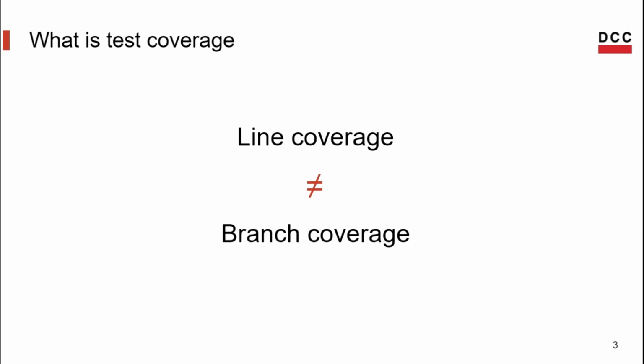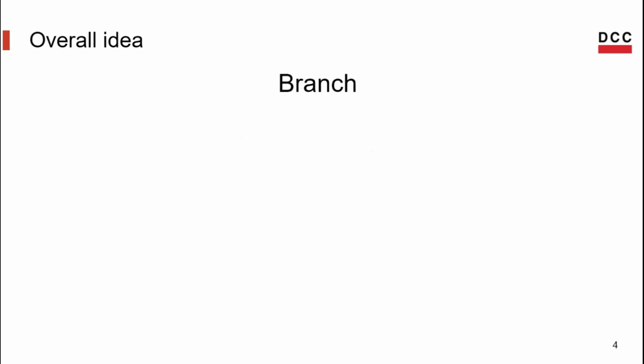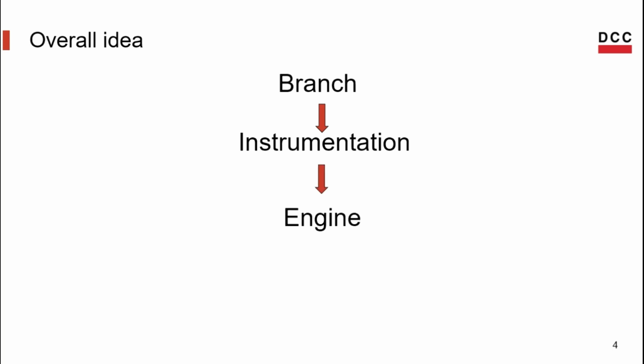But it will actually not be, because there will be parts of this line of code that were not reached. For instance, if the if condition is true, the else would not be reached. The overall idea is taking branches, instrumenting them, then passing this instrumentation through an engine that's going to give us the covered log. Now, seeing a more practical example.